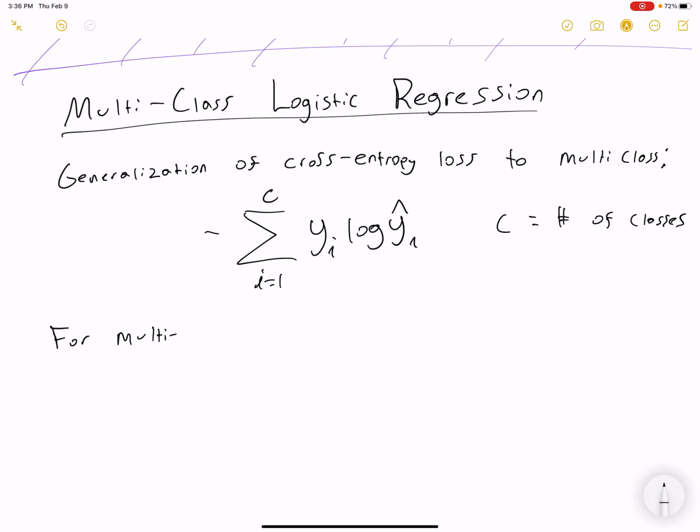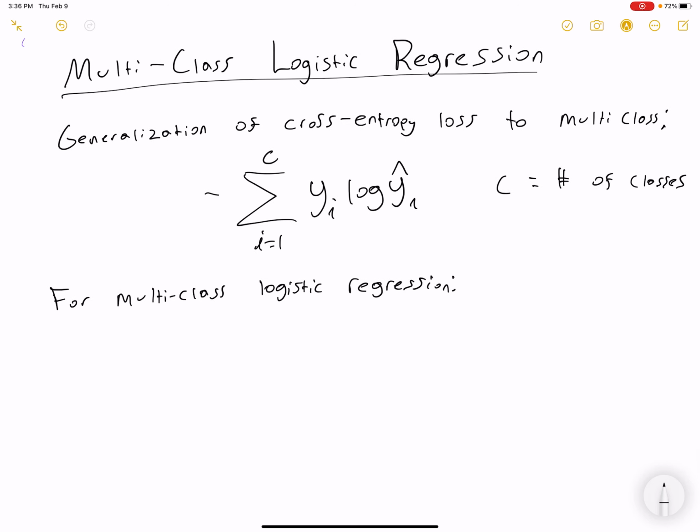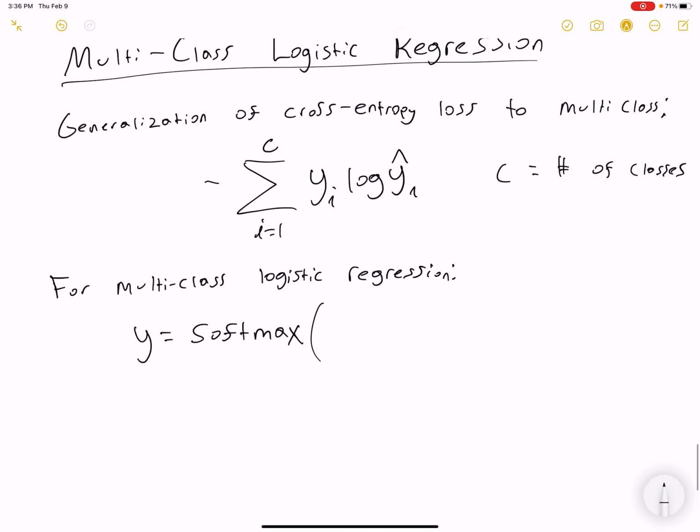So for multi-class logistic regression, instead of doing y equals sigmoid of that linear equation, we do y equals softmax, which is a function we'll come back to, of the linear equation.